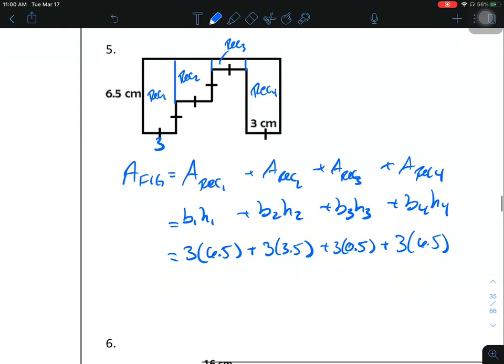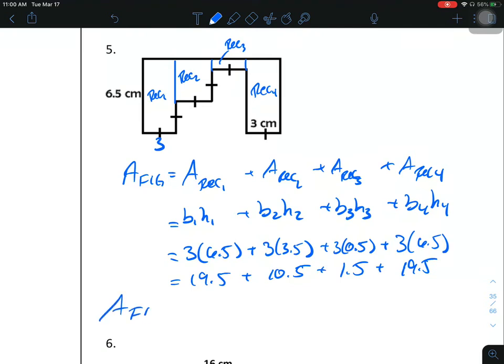It's the same as that first one. So that's going to be 19.5 plus 10.5 plus 1.5 plus 19.5. That adds up to a grand total of 51, and the units here are square centimeters.